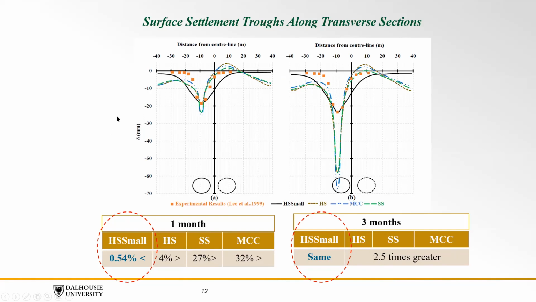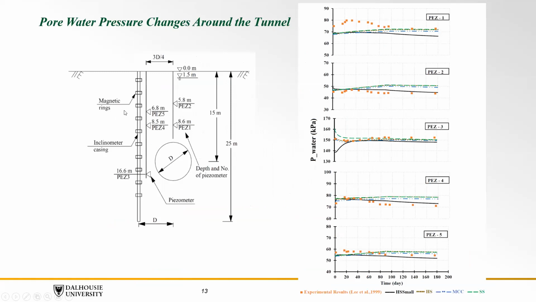Let's move to the pore water pressure. This tunnel was fitted with different piezometers at different depths to monitor the progress of the pore water pressure with time. Here we have the results of 180 days of monitoring, so basically 6 months of monitoring from construction to the end.